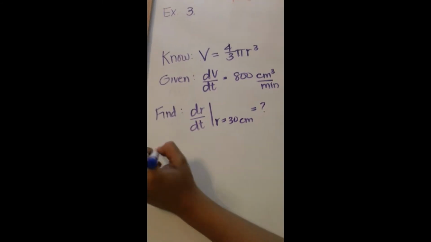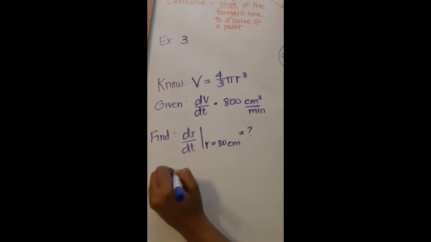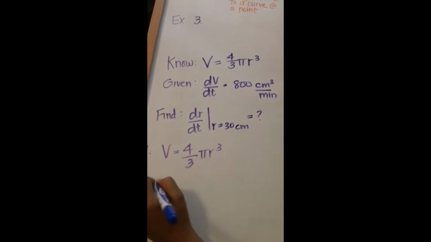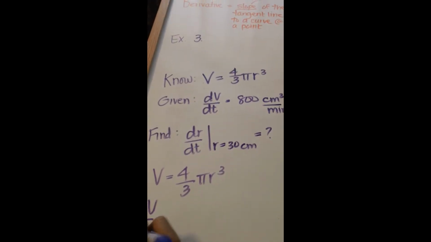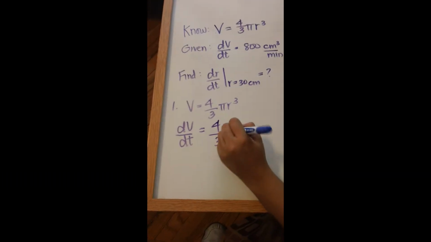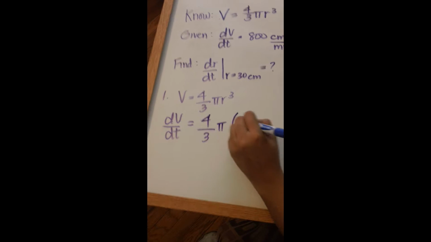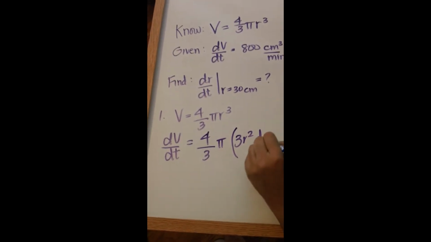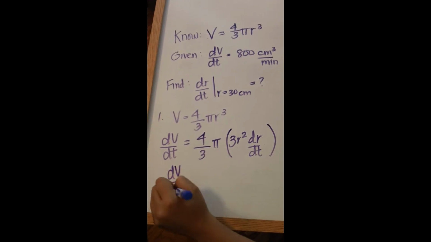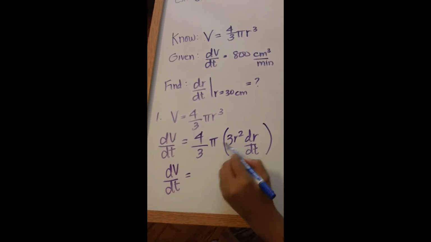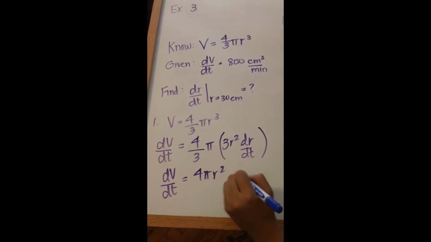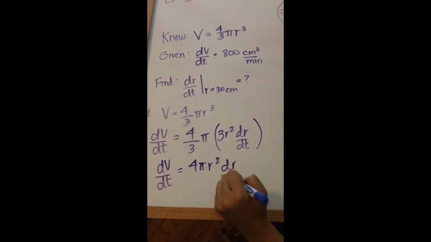So, once again, take your known formula, take the derivative of both sides. 4/3 is just a constant, so we really have 3r squared dr/dt. The 3's will cancel out, and we're left with 4 pi r squared dr/dt.